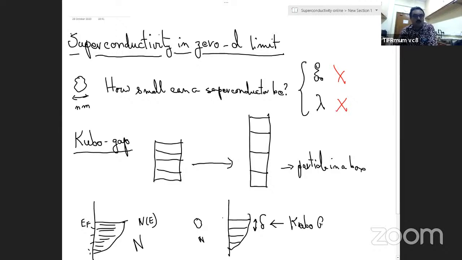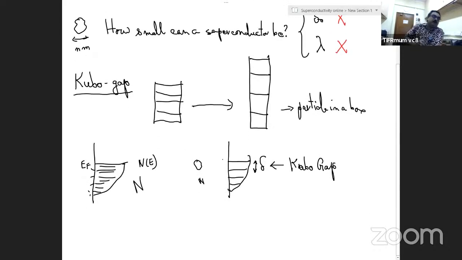I have shared the review article by Bose and Ayub in Reports on Progress in Physics. This is shared in the Facebook group, and the concept of the Kubo gap and the derivation of the Kubo gap, you will all find in that review article.